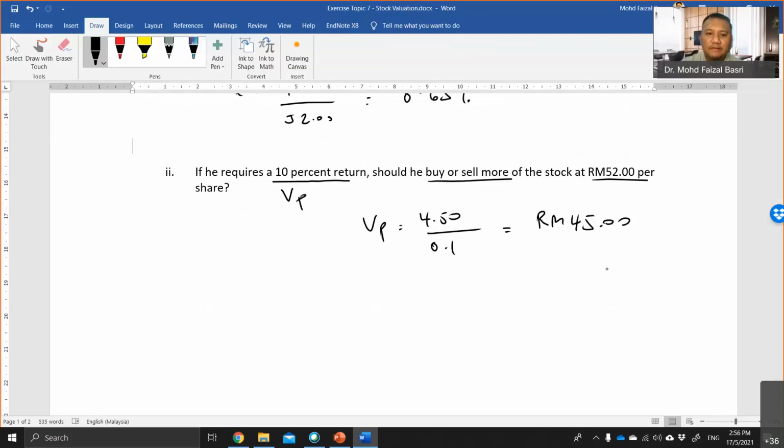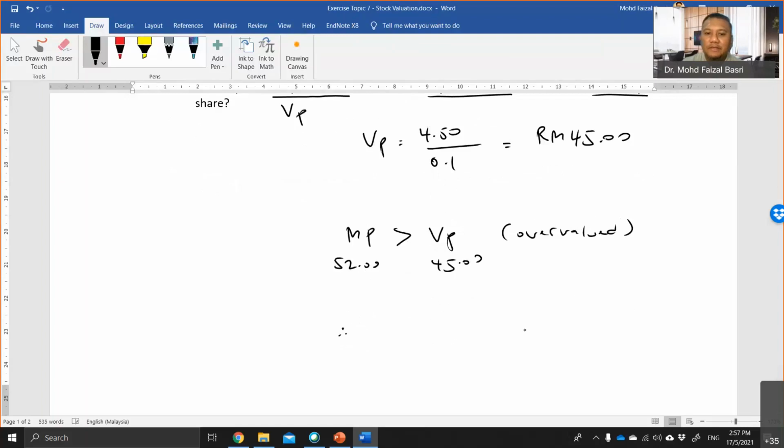Again, remember this rule: if the market price is more expensive than the VP, in this case the market price is 52 ringgit and VP is 45 ringgit, then this is overvalued. So should he buy or sell? Your justification should be he should sell.